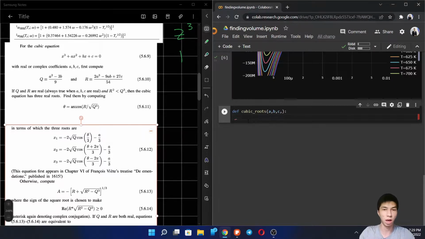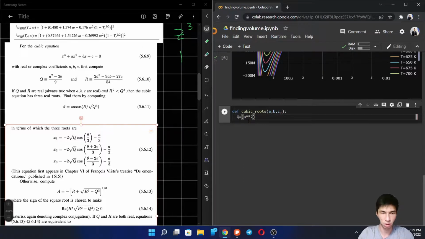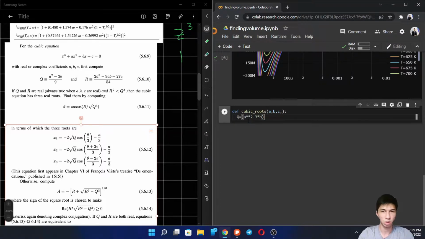So we're going to say q equals a squared minus 3 times b, which is the excluded volume, over 9, right?